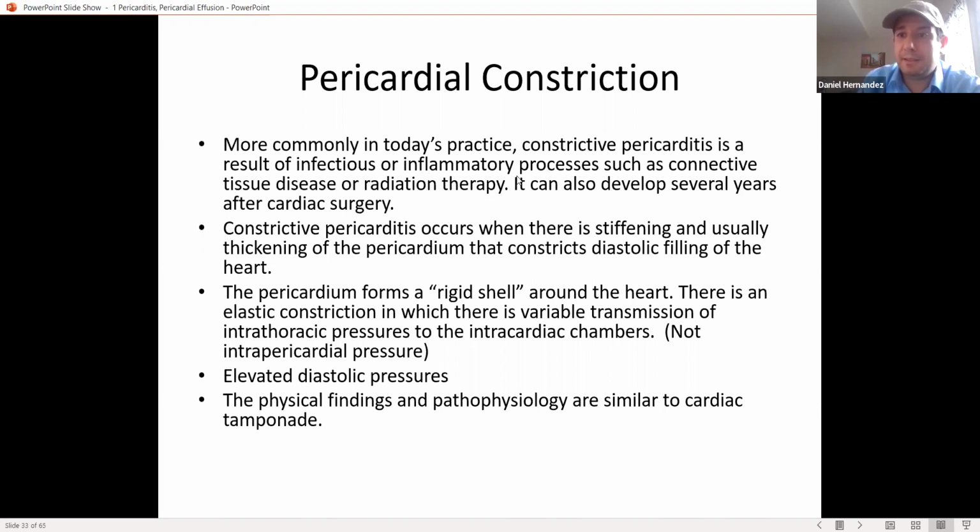Inflammatory processes like, again, lupus or rheumatoid arthritis. Patients that maybe have undergone any sort of pericardial effusion, any sort of radiation therapy or treatment.